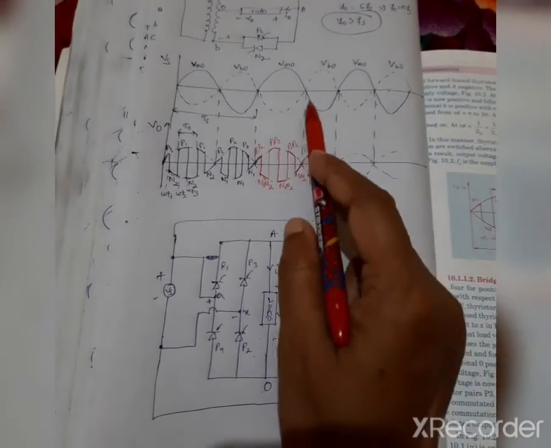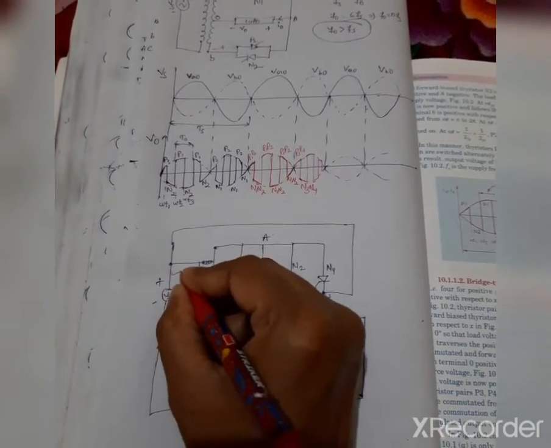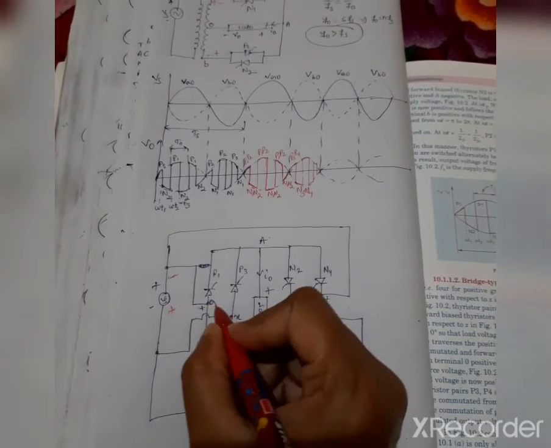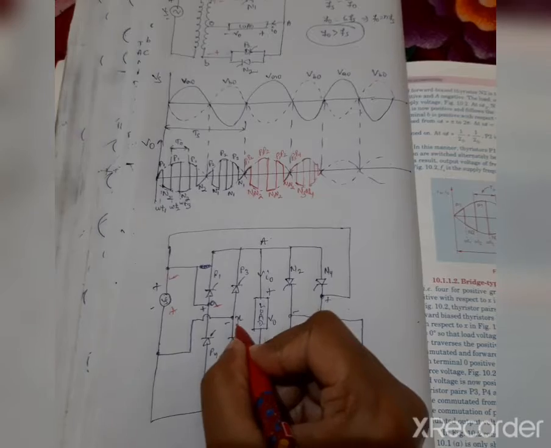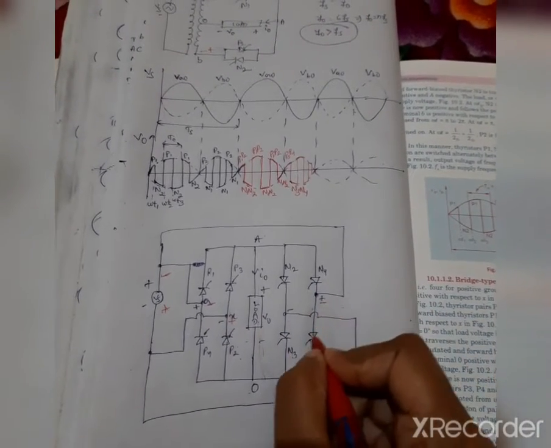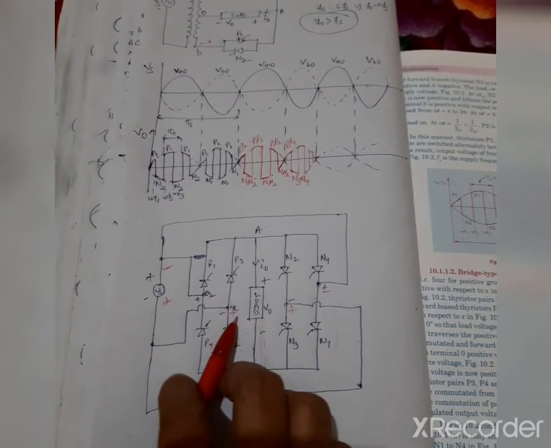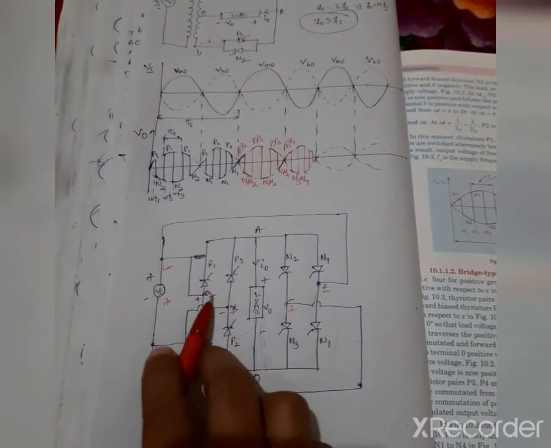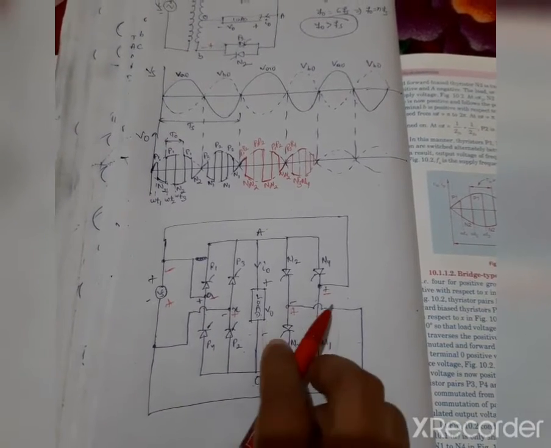Again it is a negative half cycle also. Negative half cycle means this is negative and this is positive, and also this is negative and this is positive. Once this is positive means P3 and negative means P4, then positive means N3 and negative means N4.